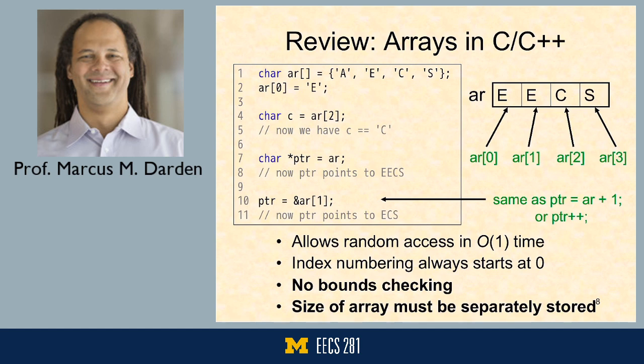Just in a review of arrays in C/C++, you can see here that I've got this array R declared with some characters in it. This is a character array, which is similar to what a string is, but a character array doesn't necessarily need to be null terminated. However, if I want to treat a character array like the pointer it is and pass R to string functions, I can.